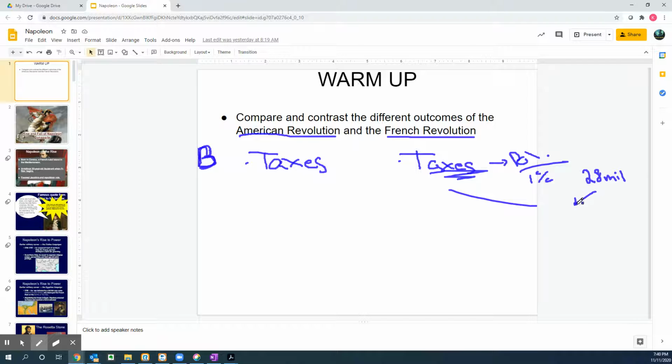Further, at the beginning, it's an absolute monarchy. Let's do absolute M, which is quite different than having colonial governments. So that's step one.